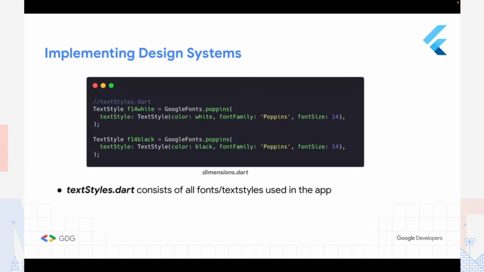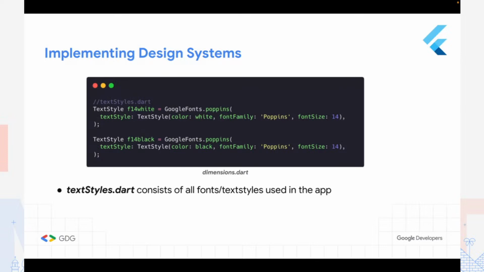Now, F14 white is font of size 14 and color white. The text here is of size 14 and color white. And I have also added a font to it called Google Fonts.poppins. You can leave it or you can change the font.